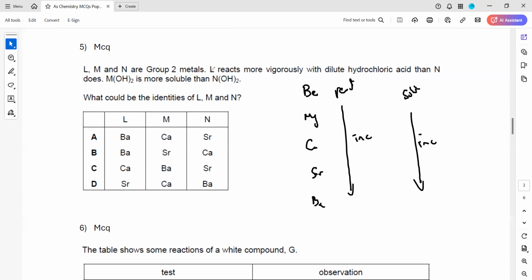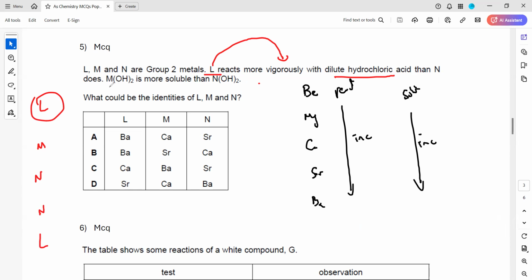So they mention L reacts more vigorously with dilute hydrochloric acid than N. So we have the elements L, M, and N. L is reacting more vigorously than N, so it means L should be below N. N should be above.